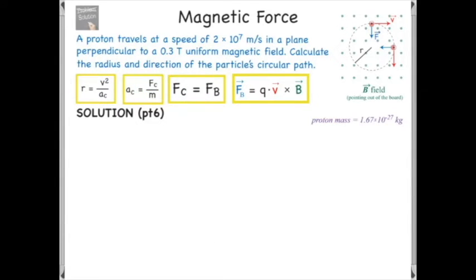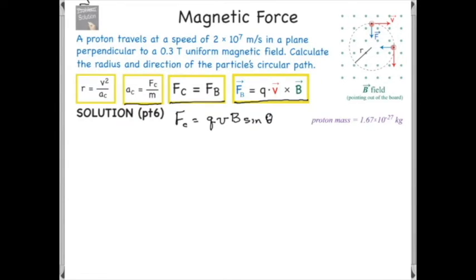Now, instead of plugging in numbers, it is also useful to work things symbolically. So let's go ahead and see if we can get a single equation that represents the radius of curvature given the known parameters. So we'll start from the magnetic force equation, and we can write that the magnitude of the centripetal force is equal to QVB sine of the angle between the two vectors.